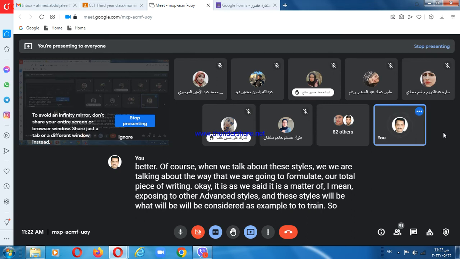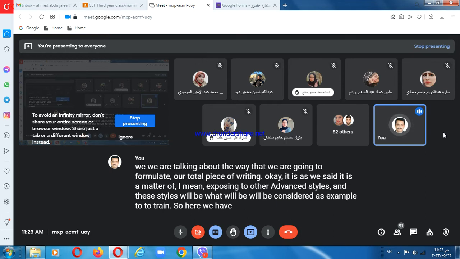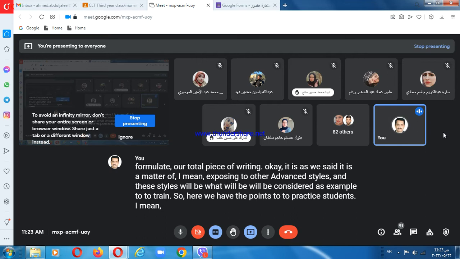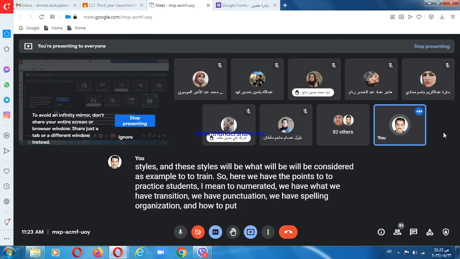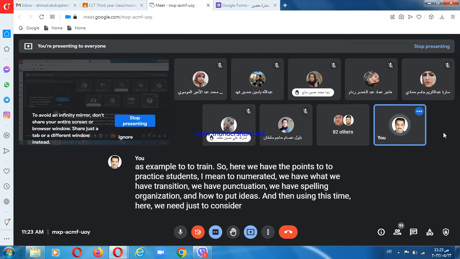So here we have the points to practice with students. To enumerate them, we have transition, punctuation, spelling, organization, how to put ideas, and then using the style. Here we need to consider some topics that are not required.